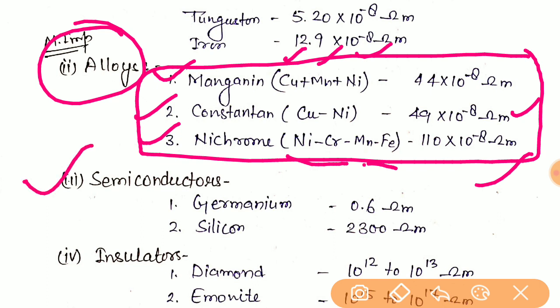Now again see the semiconductors. Another question comes from this section: which material has the resistivity 0.6 ohm meter? You can easily tell the answer is germanium, and another material is silicon, which has 2300 ohm meter resistivity.